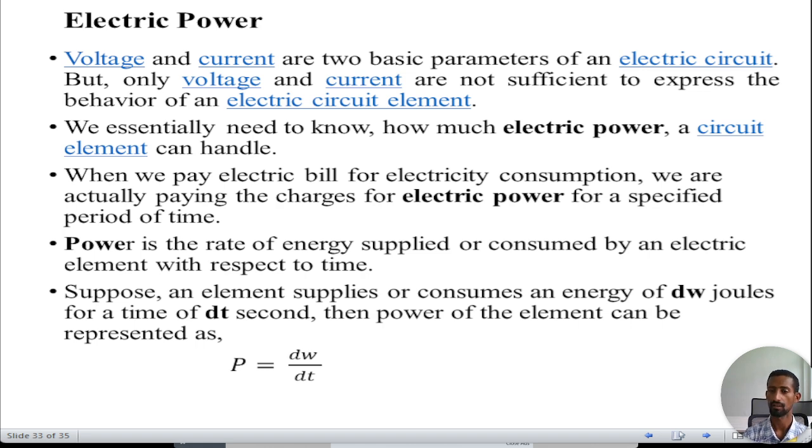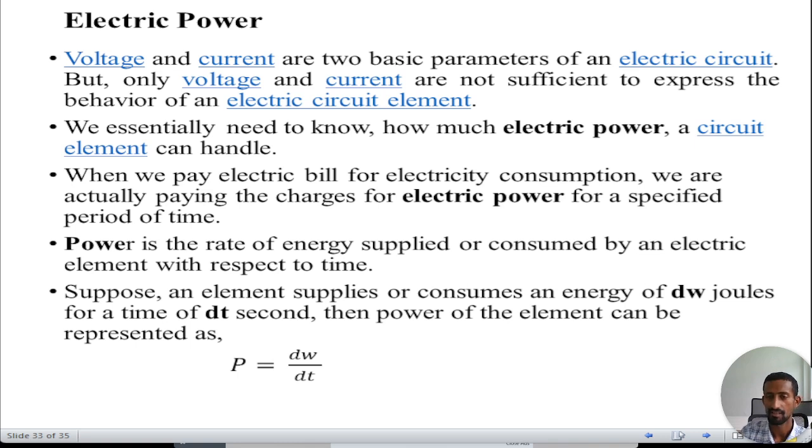Your appliances like lamps or cooking stoves may work for a specified period of time, but how much power they consume in that time is what the electric utilities are asking for in the bill.